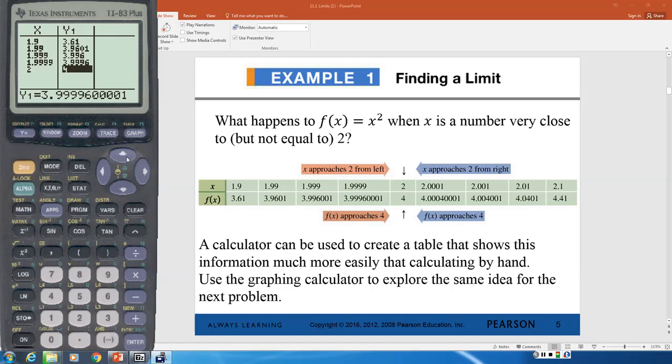Okay? Now we can do the same thing. Remember, we only approached from 1.9. We could also approach from 2.1, from a number bigger than 2. And we could kind of back into 2.